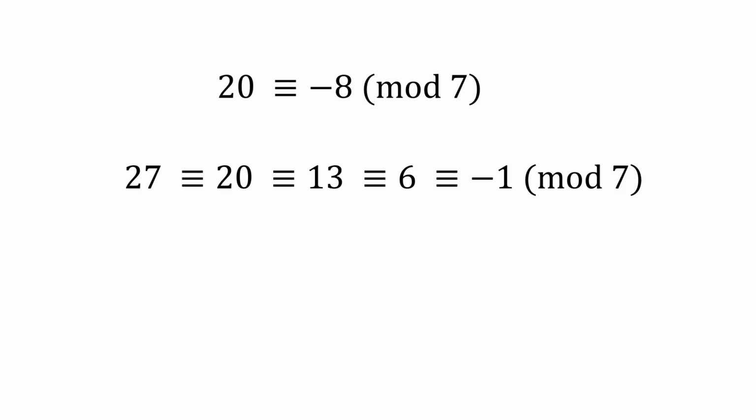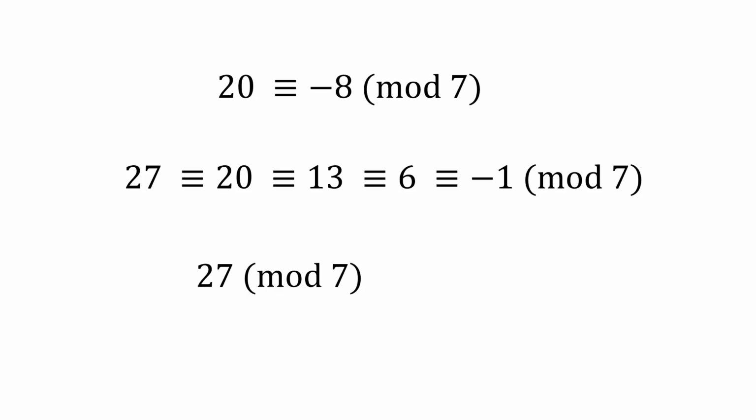And because this congruency is an equivalence relation, which again acts like equality, we can write expressions like 20 is congruent to minus 8 modulo 7, because they give us the same remainder when we divide. We can also chain expressions together like this, just like with equalities. But if we are asked, what is 27 modulo 7?